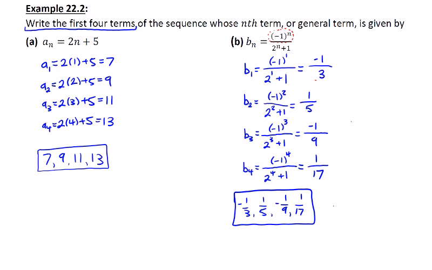Because of this negative 1 to the n, we have an alternating sequence, which is something you don't get in a traditional function that we've seen all throughout the semester. When I say traditional function, I mean a continuous function, not one that is discrete.